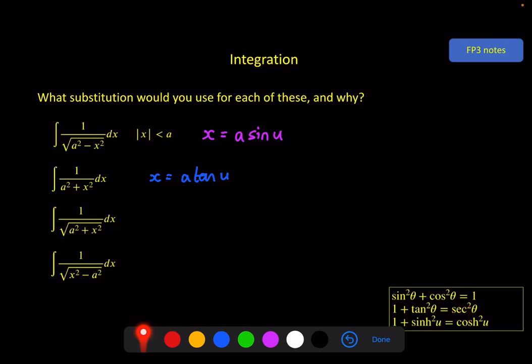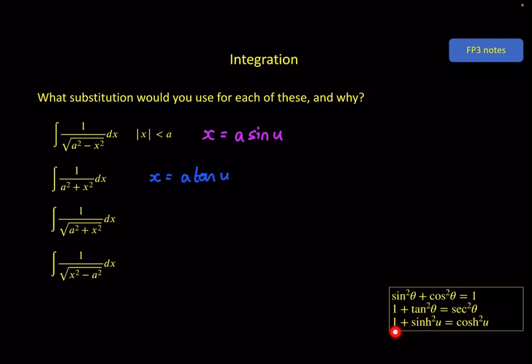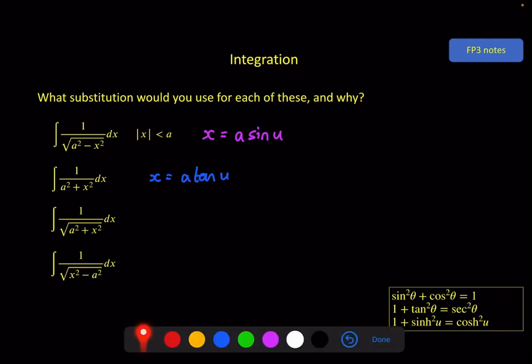If instead you use this one here on the bottom, 1 plus sine squared gives you cos squared u, so when you square root that, you get cos on the bottom. And when you differentiate sine, you get cos on the top. So although the tan might work on this one, it will be easier if you choose something of the form a sin u.